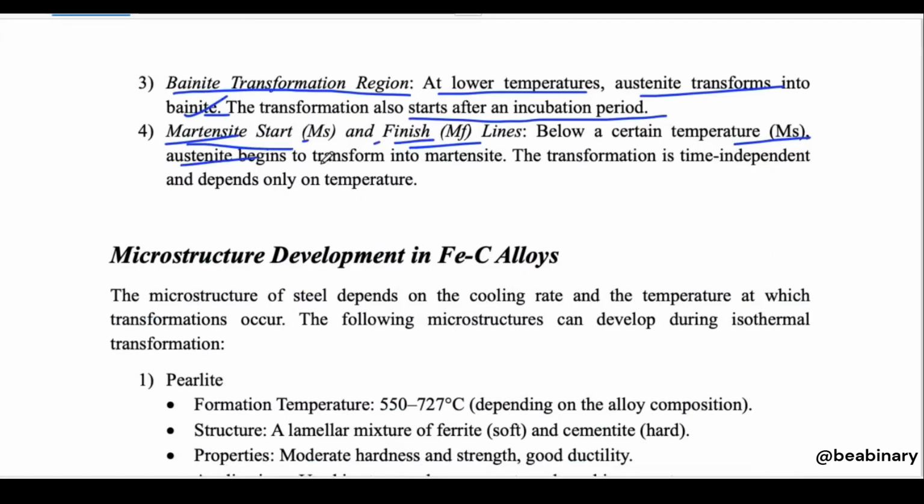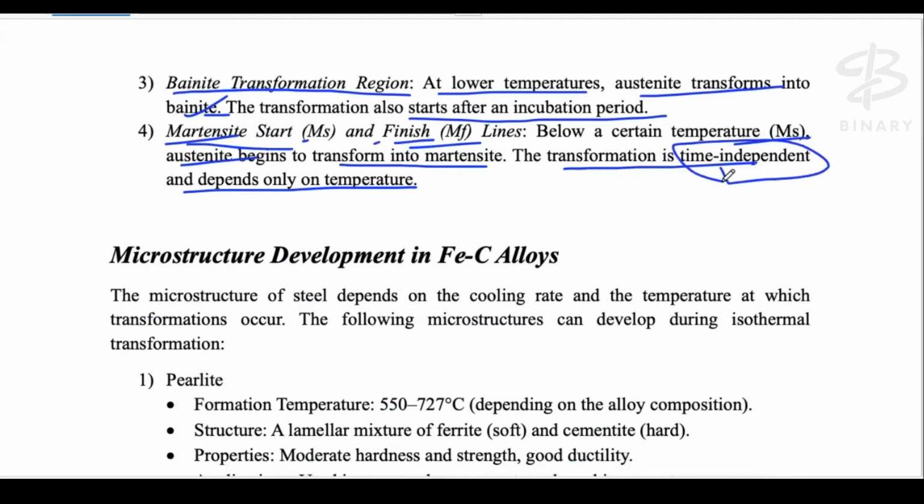The austenite begins to transform into martensite, and the transformation is time independent and depends only on temperature. Ms indicates the transformation of austenite into martensite, and Mf indicates the austenite being converted totally into martensite.